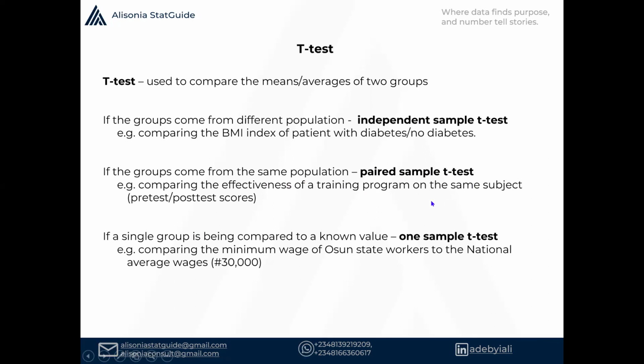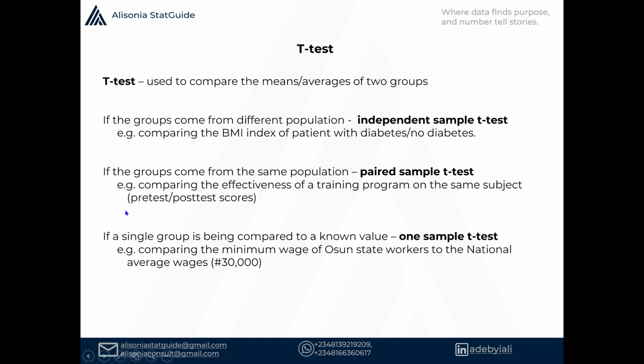For instance, as a teacher, you want to compare the effectiveness of a new method of teaching students mathematics in class. Let's assume that before you apply the new method, you gave the students a test and you took the record. That is what you mean by pre-test.